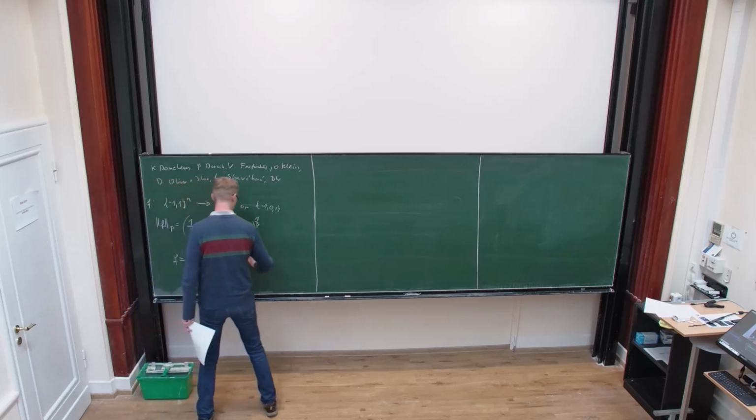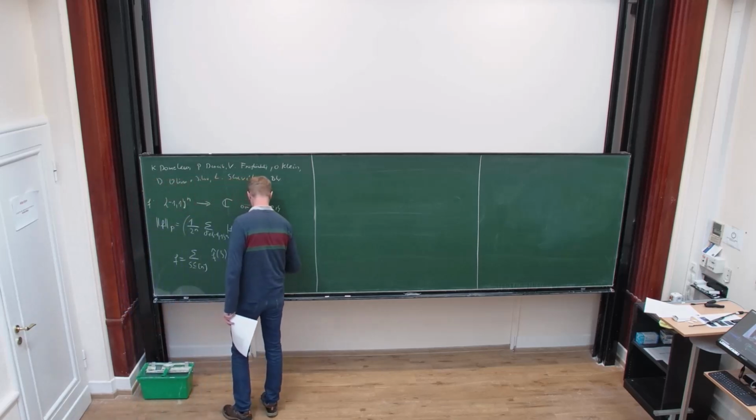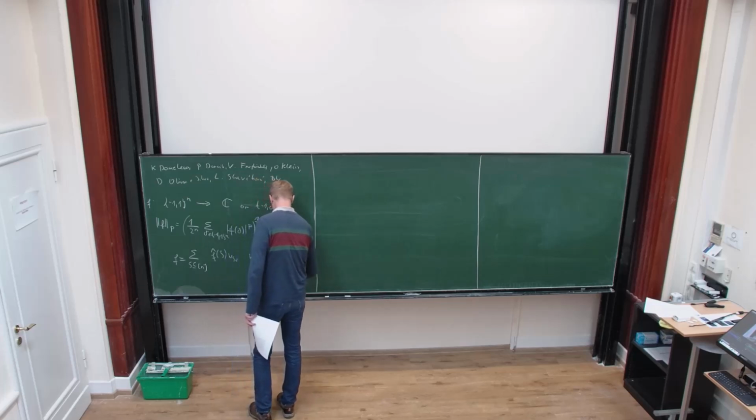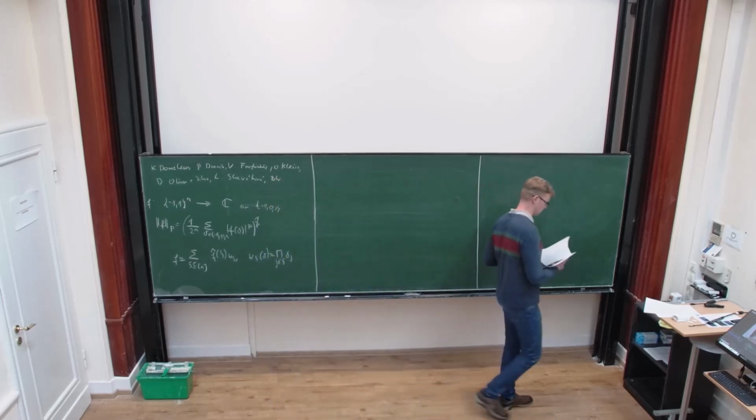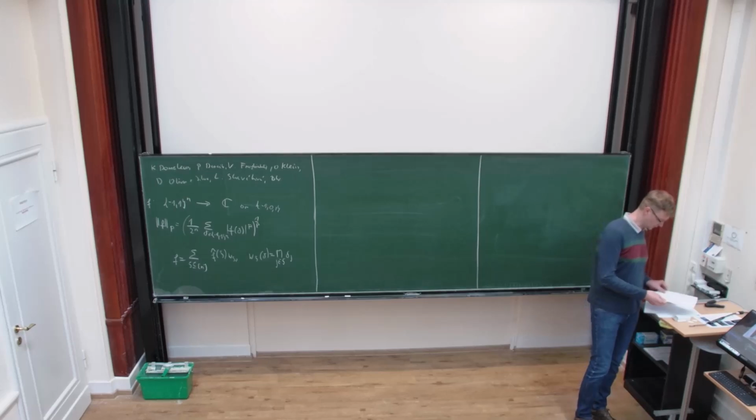So w_S of delta equals the product over j in S of delta_j. Okay, and this is the setting that we are working with.